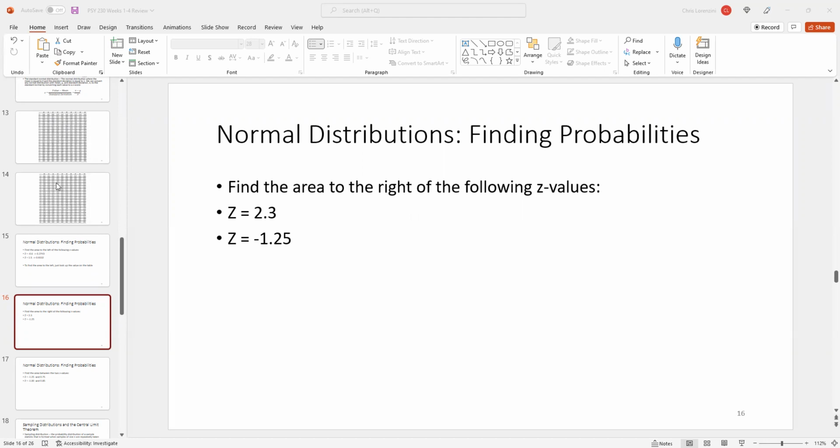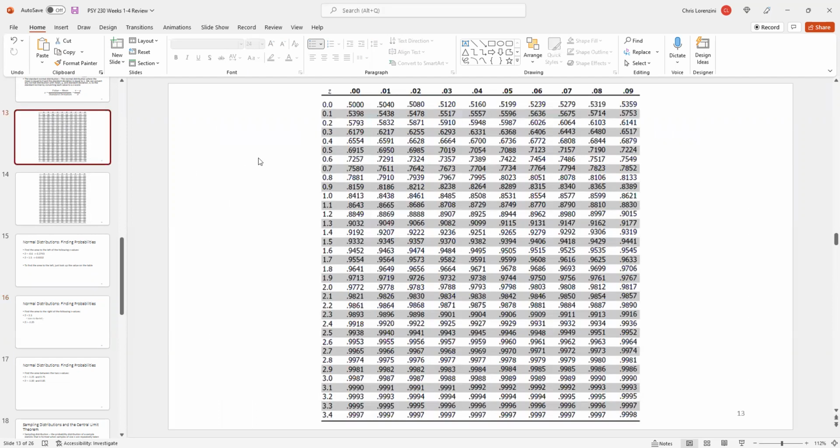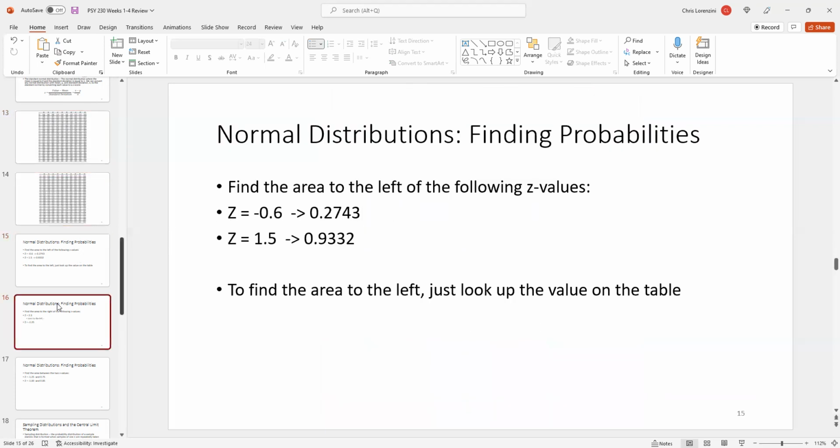All right, so what I'm going to do is come to the table, and the first thing I'm going to do for this one right here is say, what's the area to the left? I'm going to take a look at that value, 2.3. 2.3 gives me 0.9893. 0.9893, that's the area to the left.